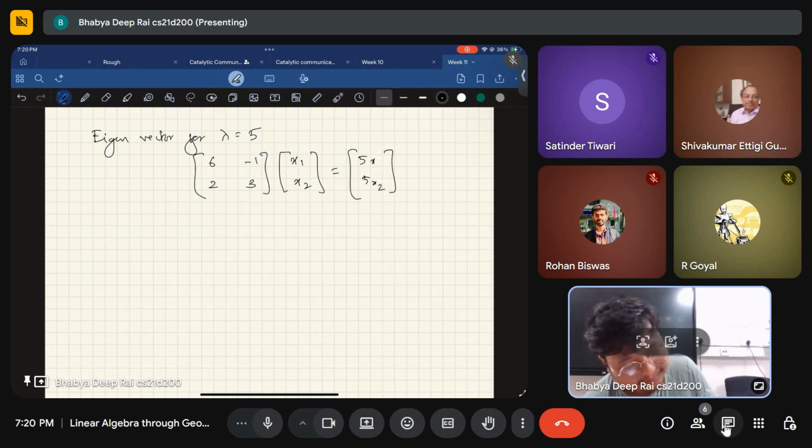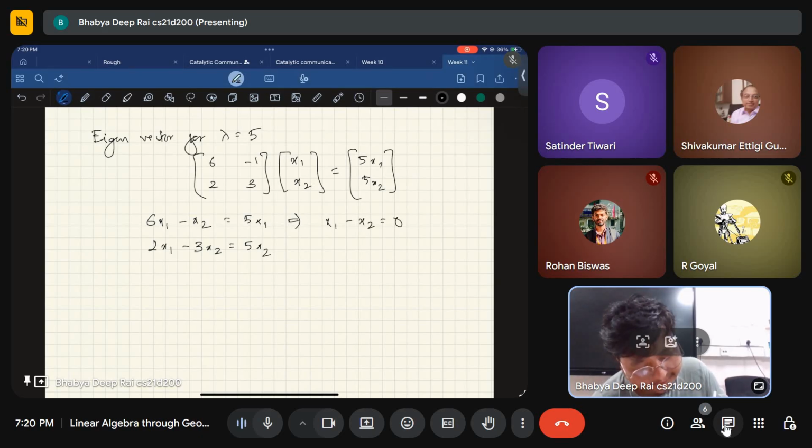Again we'll do the same thing. 6x1 minus x2 equals 5x1, and 2x1 minus 3x2 equals 5x2. Therefore x1 minus x2 equals 0, and 2x1 minus 8x2 is 0.